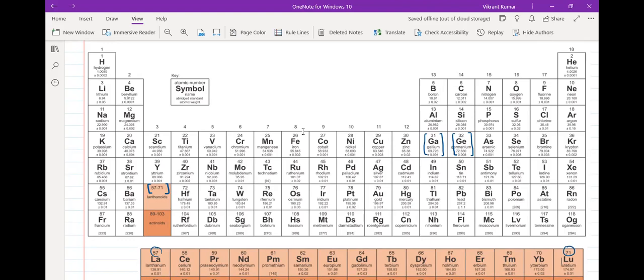Potassium is there, calcium is there, then scandium to zinc is there, which was not present in the previous row, and then gallium to krypton is there.